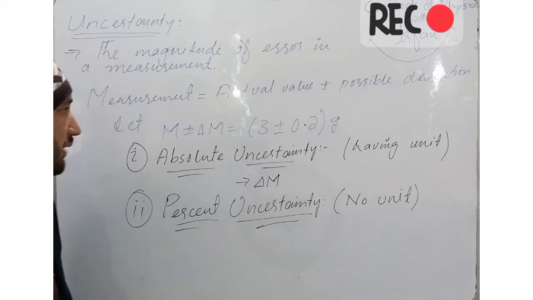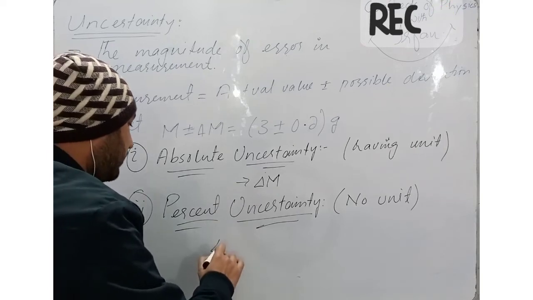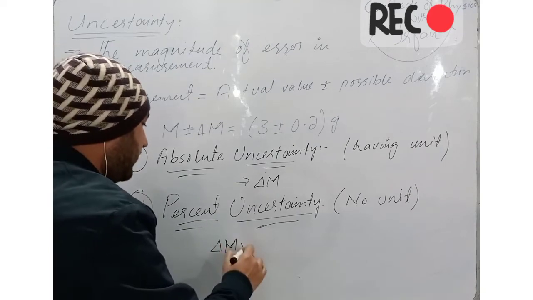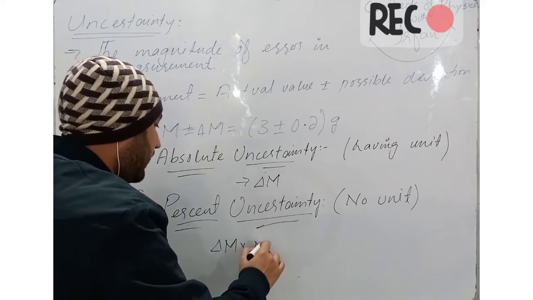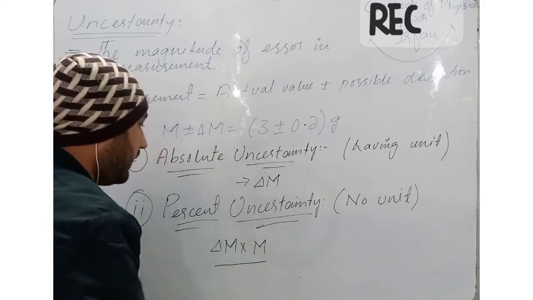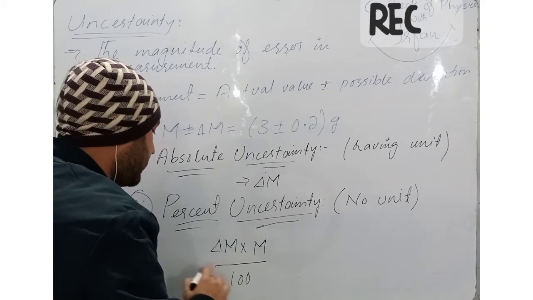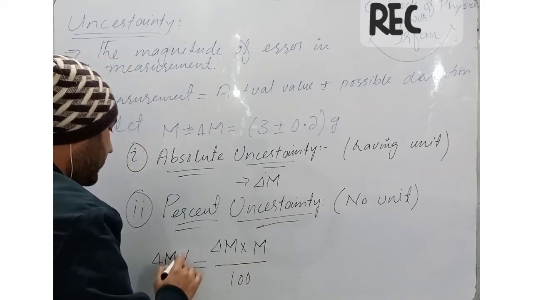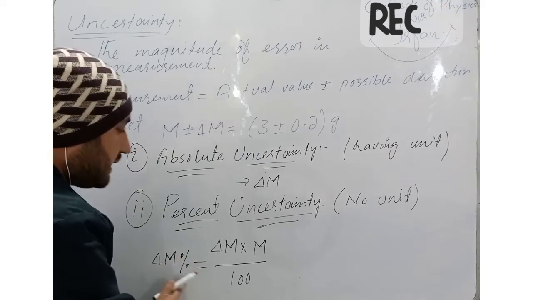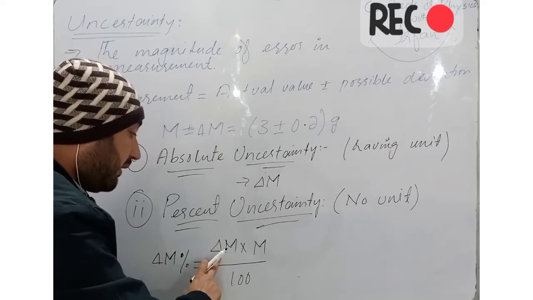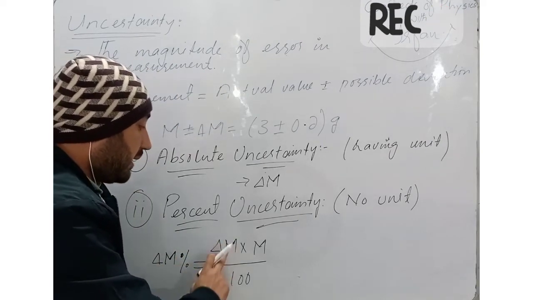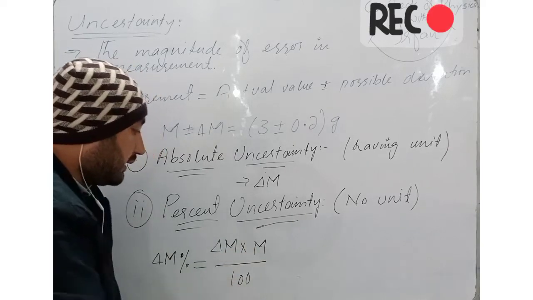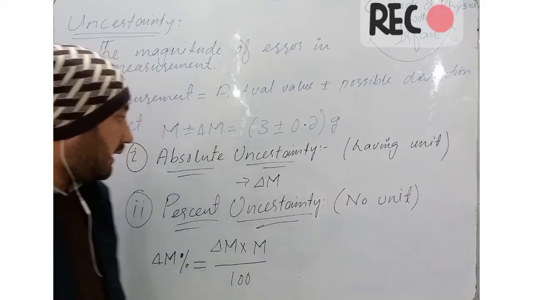For that, we multiply the absolute uncertainty by 100 and divide by the total value. This gives us percentage uncertainty: absolute uncertainty divided by the total or actual value, multiplied by 100.